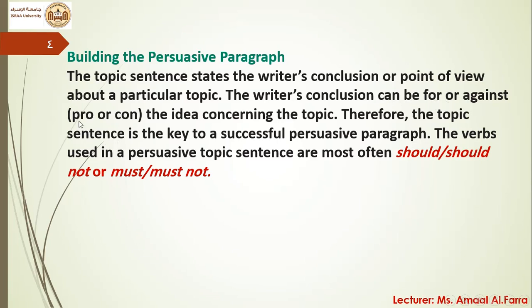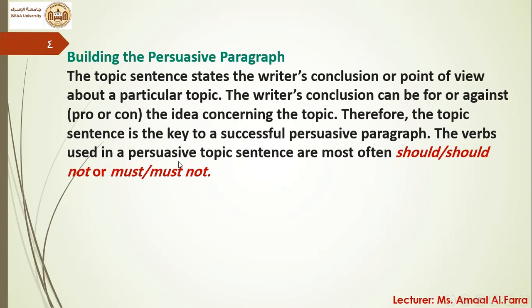For means pro. Against means con, against the idea concerning the subject or the topic. Therefore, the topic sentence is the key to a successful persuasive paragraph. You have to focus on choosing your topic sentence.